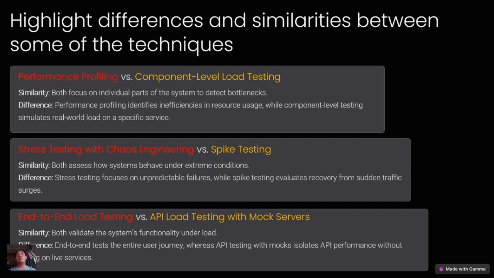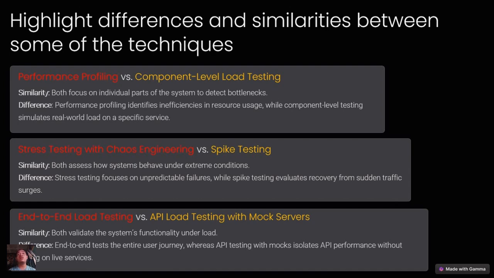Difference: performance profiling identifies inefficiency and resource usage, while component level testing simulates real-world load of specific services. Next is stress test with chaos engineering versus spike test.